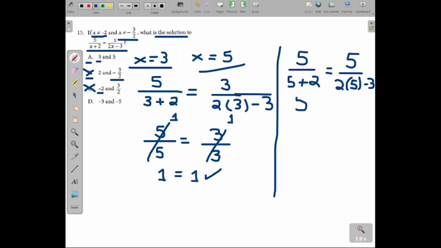We solve the fraction. 5 divided by 5 plus 2 is 7, equal to 5 divided by 2 times 5, which is 10, minus 3 is 7. So 5 divided by 7. And is 5 divided by 7 equal to 5 divided by 7? Of course. So this equation is true. This value belongs to this equation. That means that the right answer has to be A.